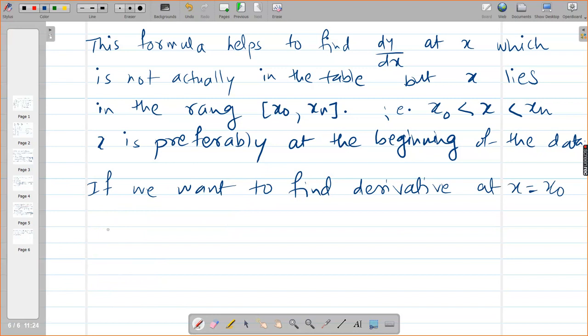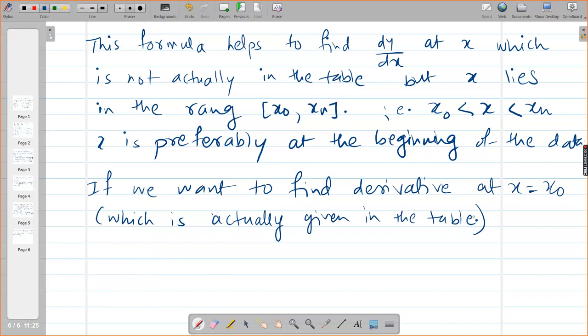It is which is actually given in the table.